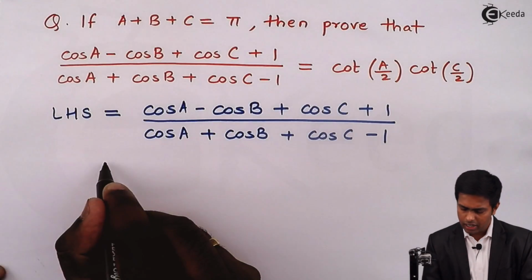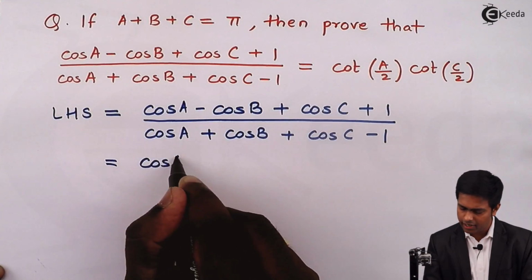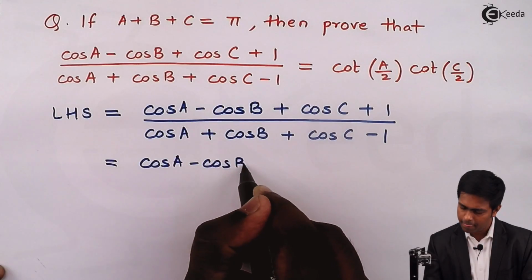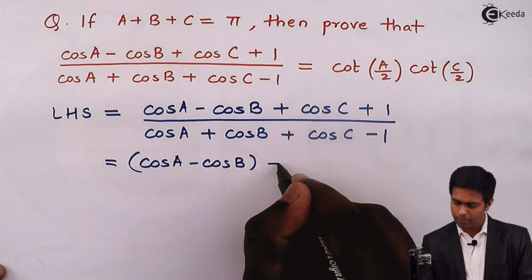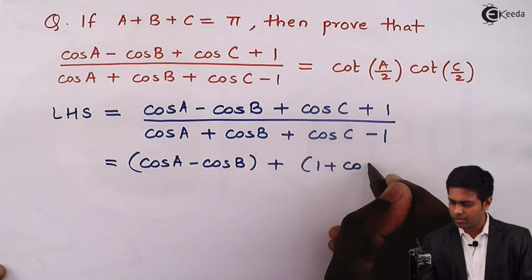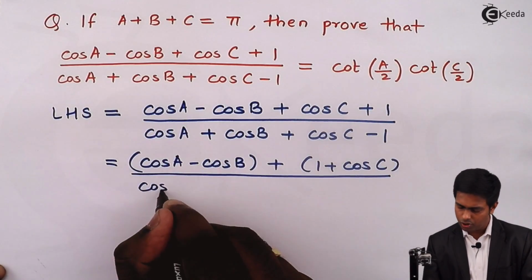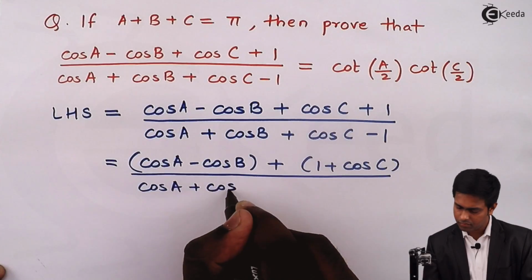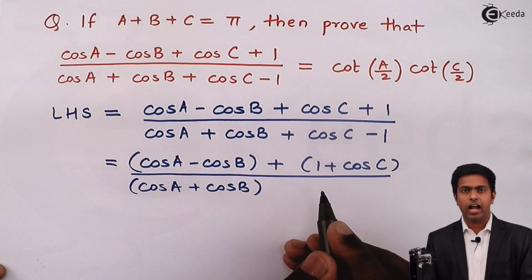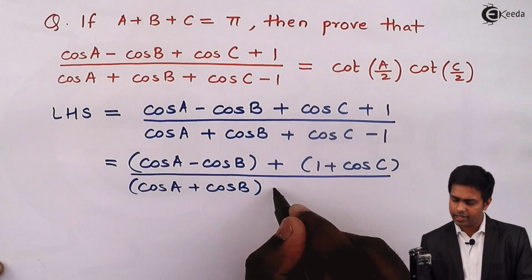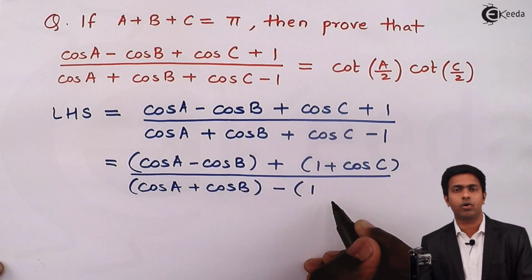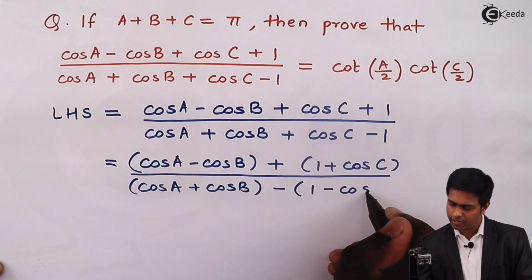So here I'll say it is (cos A minus cos B) in one bracket plus (1 plus cos C) in another bracket whole upon (cos A plus cos B), and from the last two terms I'll take negative sign outside, so 1 will be positive and cos C will be negative.